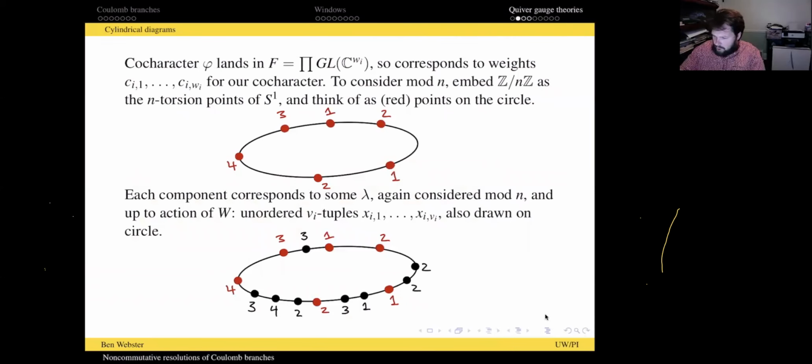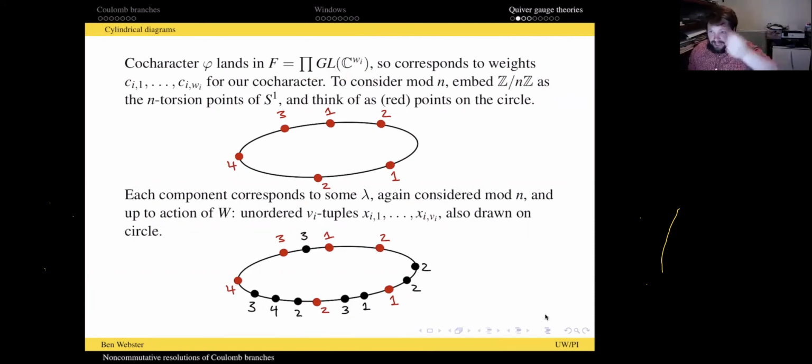If I choose a co-character into this GL of CW, this is where I would have to do something differently in affine type A. I would need to also incorporate some extra flavor that comes from the cycle. But this is sort of simpler. Going into here, what's a co-character into a product of GLNs?